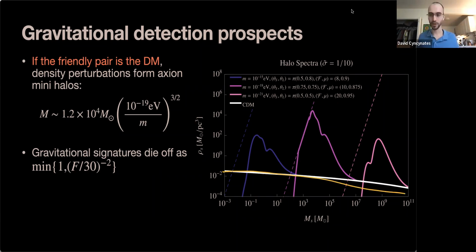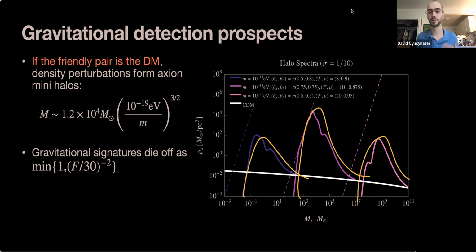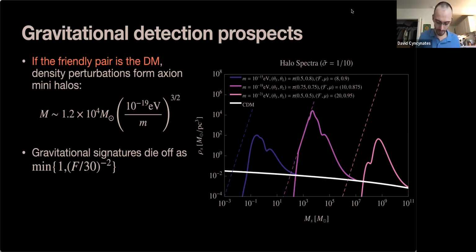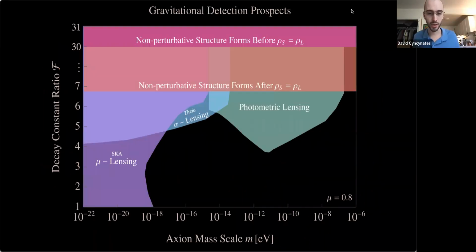In white here, we have the cold dark matter prediction, and in these multicolored curves, we have our prediction for various parameters. What we see is that the density of the substructure is enhanced by several orders of magnitude, by 10 to the 3, 10 to the 6, 10 to the 4. And these extremely dense galactic substructures can be searched for using photometric and astrometric searches.